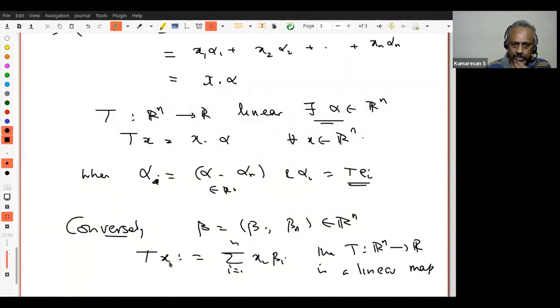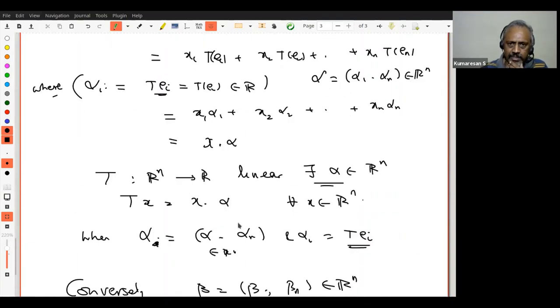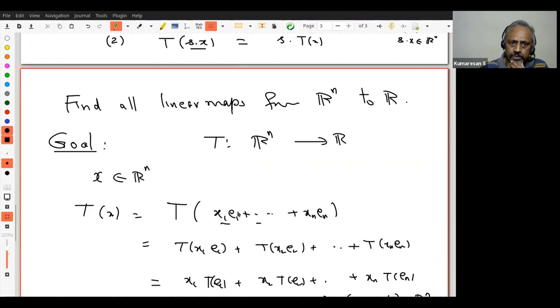Because T of x plus y will be the sum of xi plus yi times beta i, use the distributive law, therefore it will be T of x plus T of y, and so on. I don't want to stop to do that. That's trivial algebra.